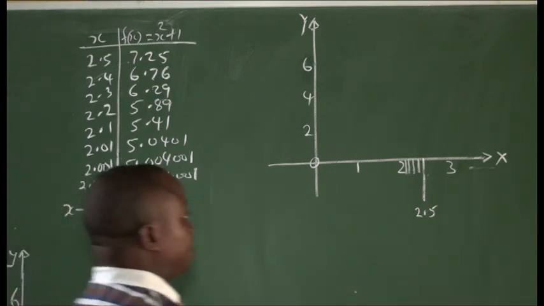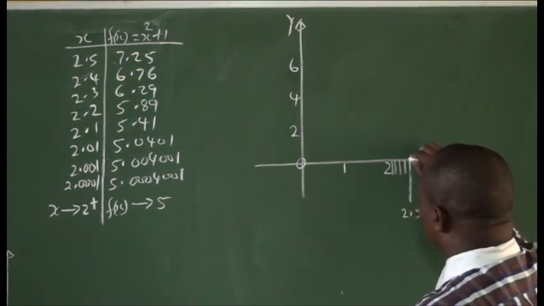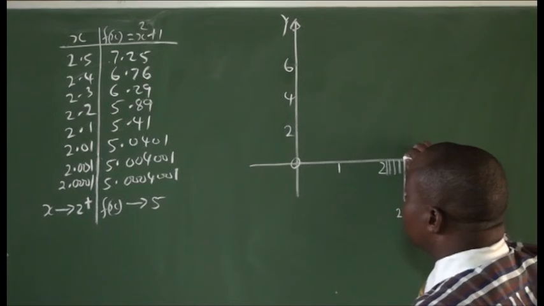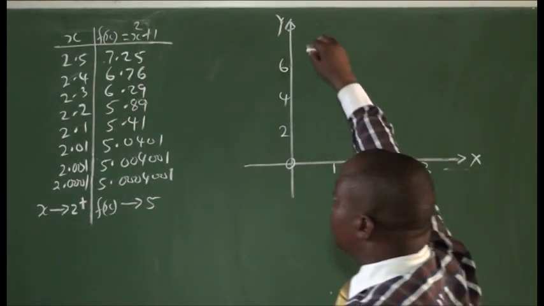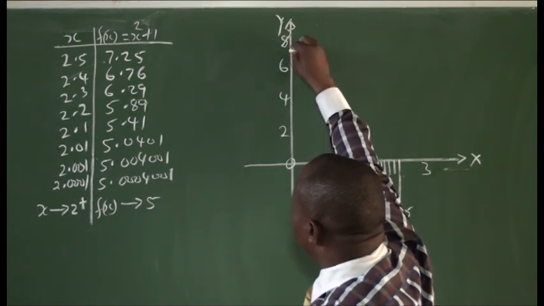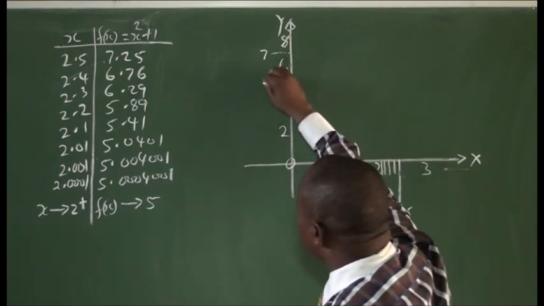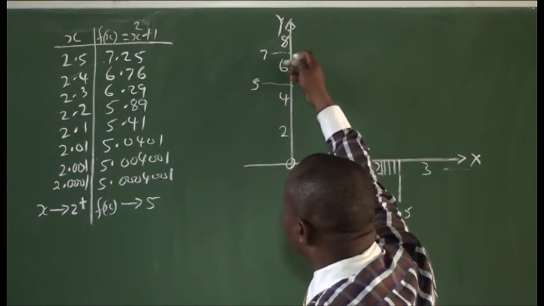So now, if you approximate this, it's 5. Let us see the diagram here. When x is 2.5, we have 7 points. The next place here should be 8. So somewhere here we have 7 there. Somewhere here we have 5 at the middle of this.